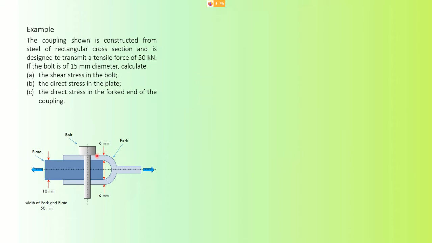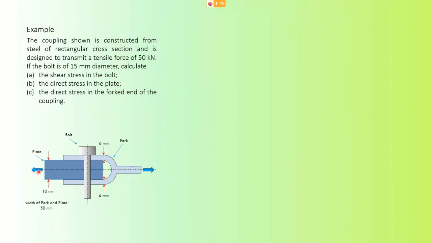On the surface of both of these there is a hole running through. The hole is for this bolt to be inserted so that it will lock these two parts, the blue color and the gray color, together.